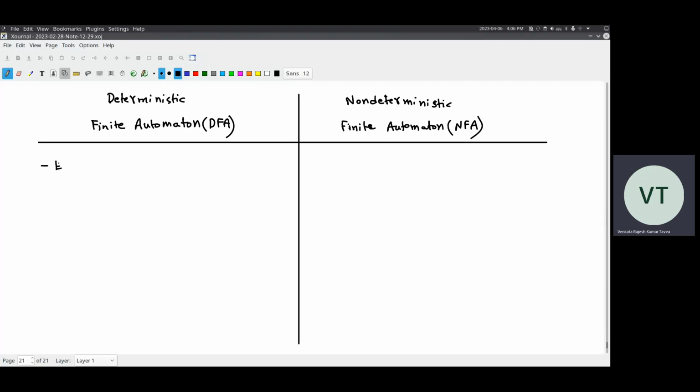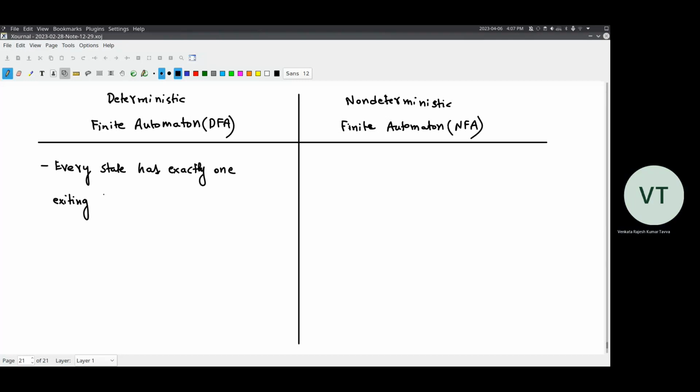Okay, so in a DFA, every state has exactly one exiting transition arrow for each symbol in the alphabet.